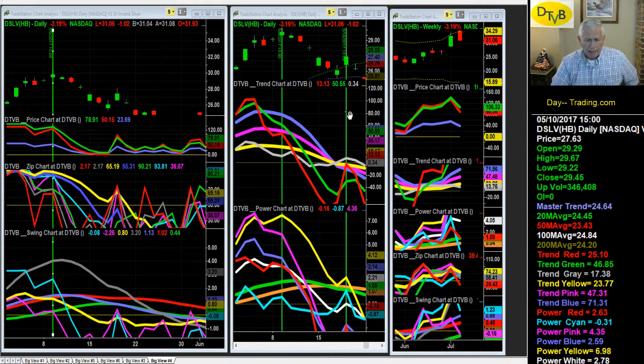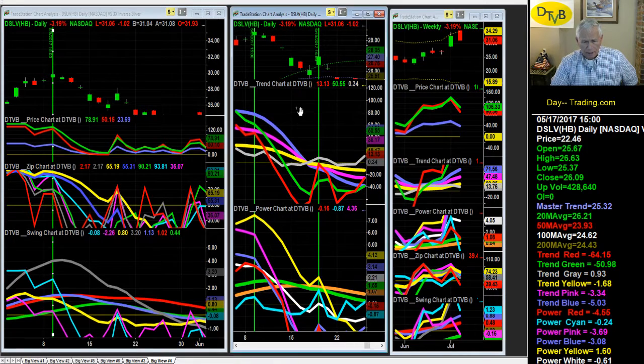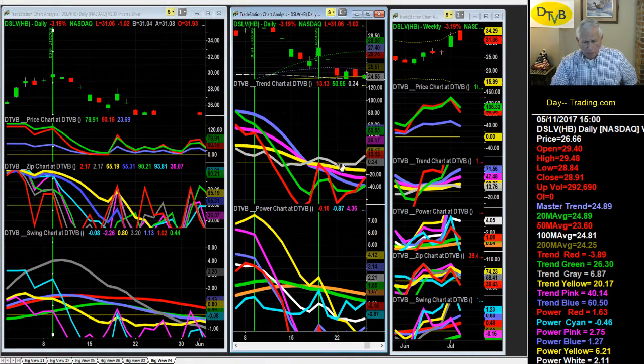This one here happens to be another one, and I'll show you that one. But normally what I see is trend yellow, pink, and blue above zero when the red comes up.